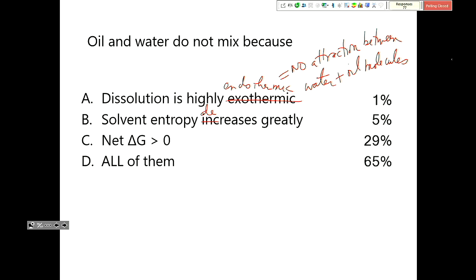To minimize that decrease in entropy is why the water excludes the oil, and only at the interface between the two is where the water is organized. Otherwise, it would have to be organized throughout the whole thing, right? So it's all about delta G. It's positive. It's not happening.